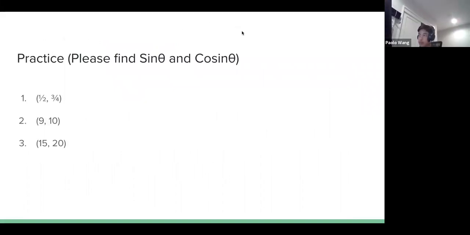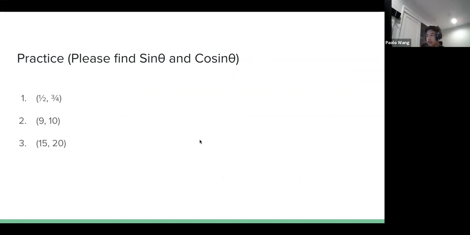Alright, for this one you want to practice finding sine and cosine. You can use the unit circle to do it.